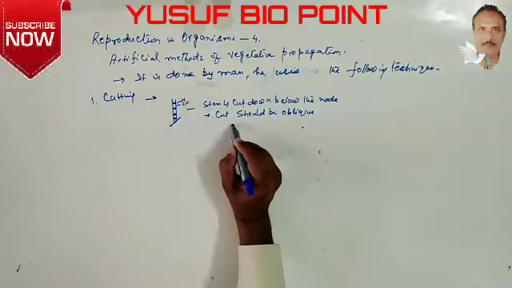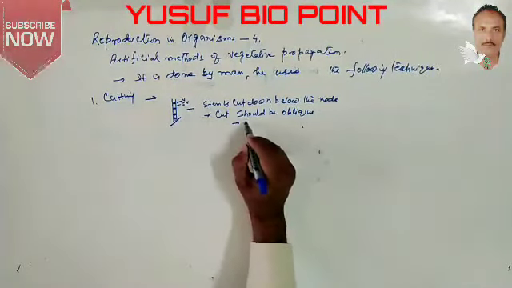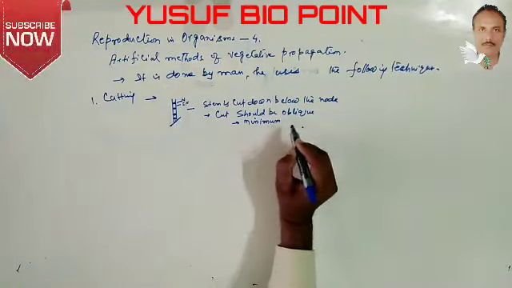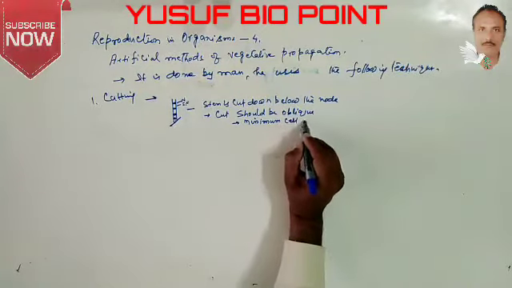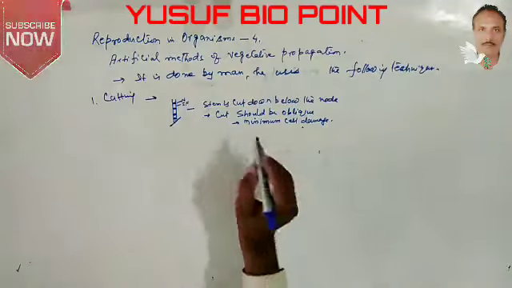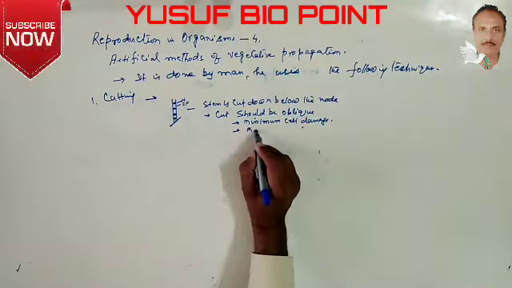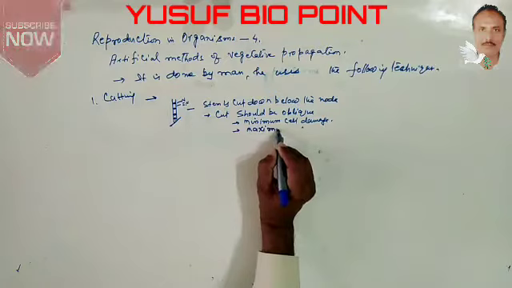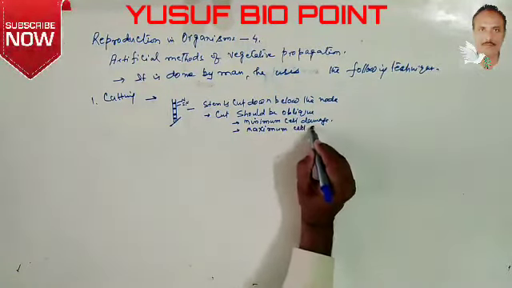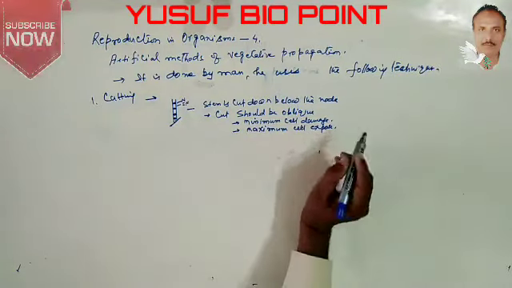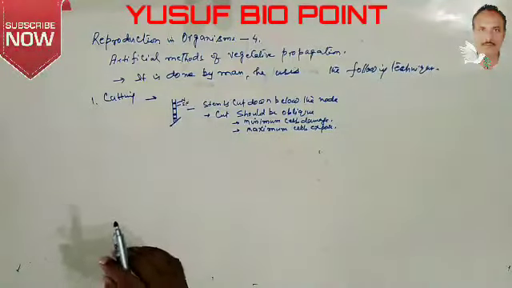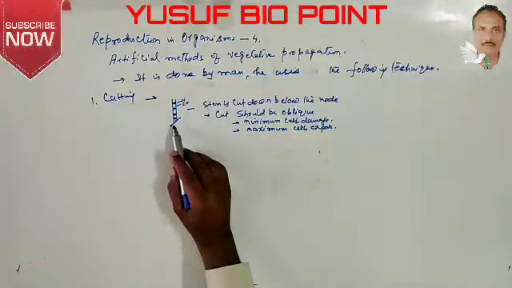It has several causes: minimum cell damage, in which the cell damage will be minimum, and maximum cell exposure. Minimum cell damage and maximum cells exposed for that.